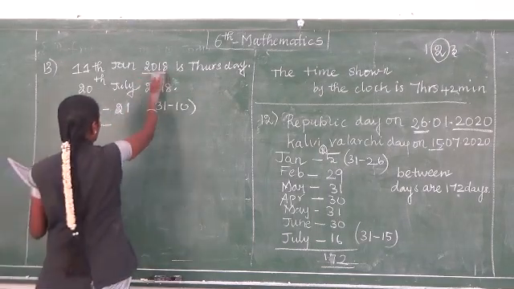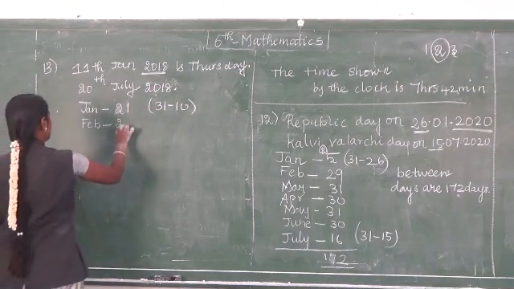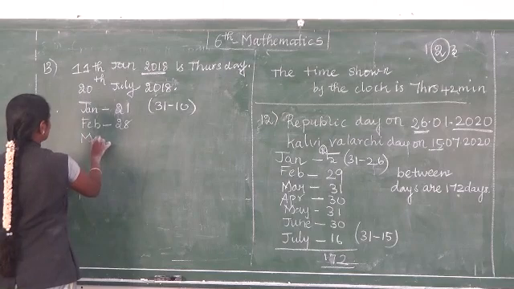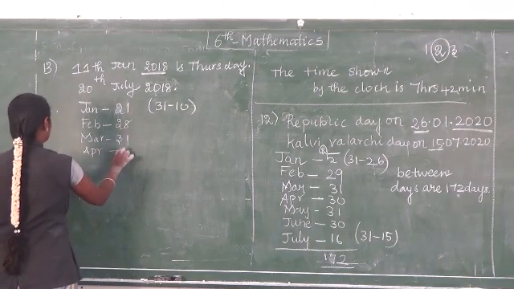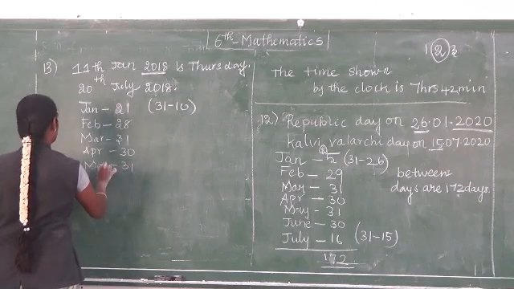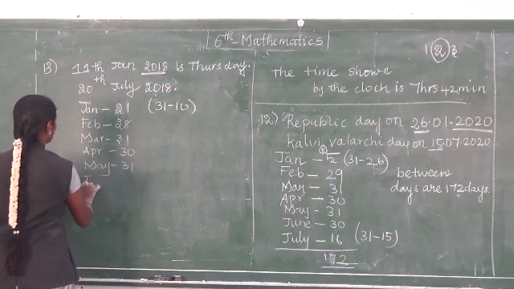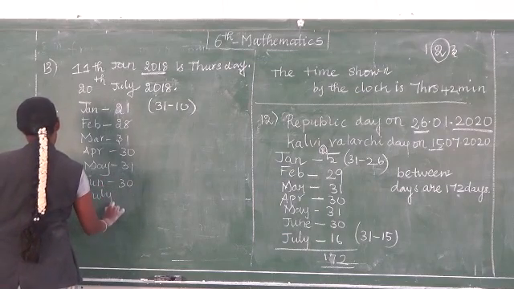Here 2018, I already said, is not a leap year. So 28 days. Then March 31, April 30, May 31, then June 30, then the July.